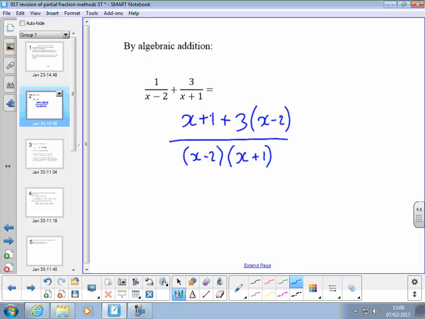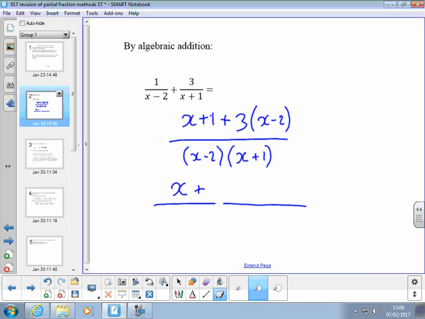So if we multiply all that out, what do we end up with in total? Multiply those brackets. So we've got x plus 1 plus 3x minus 6.